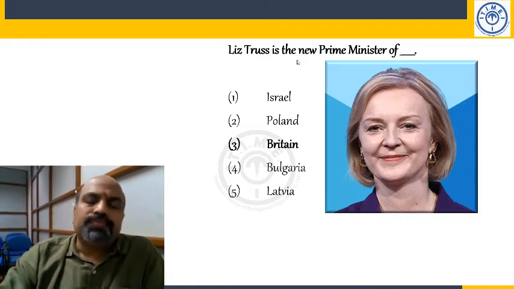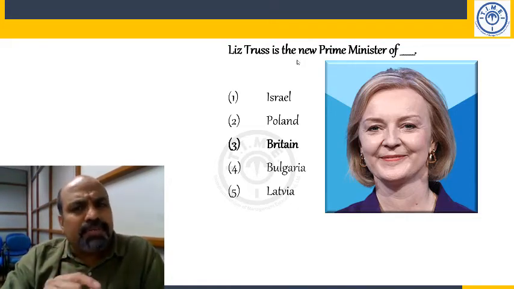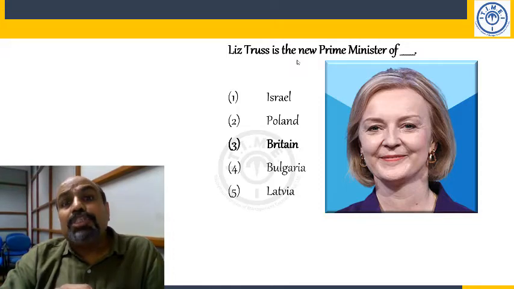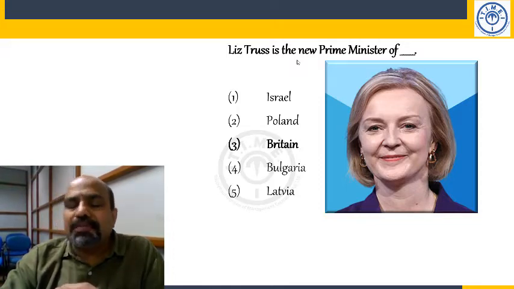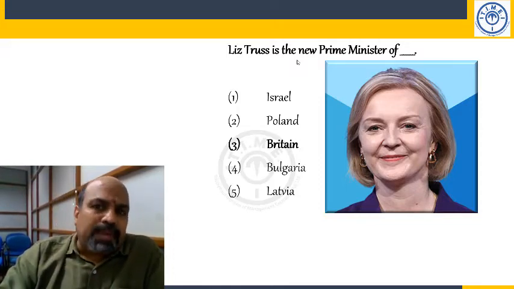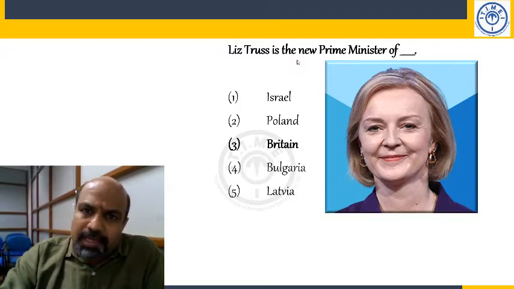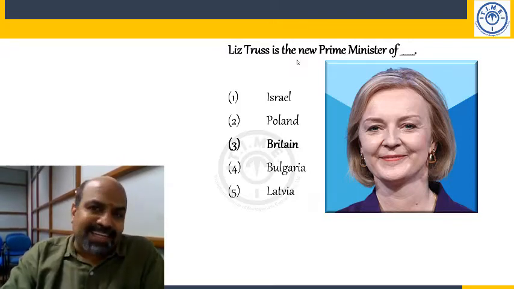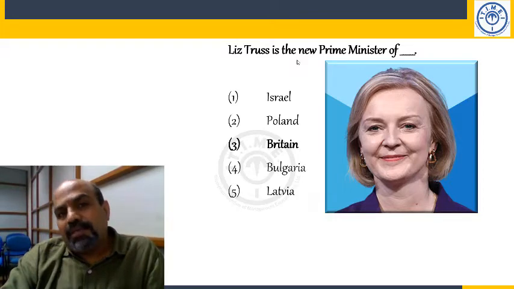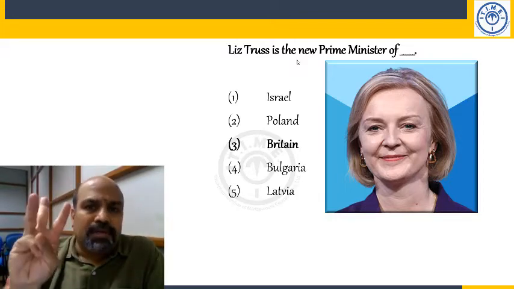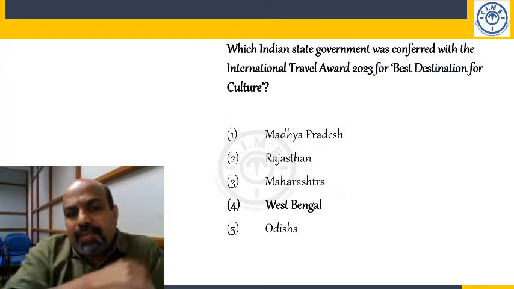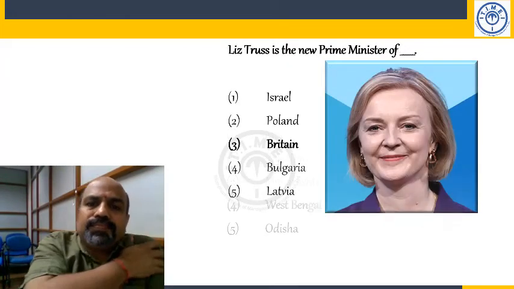And who was the first Prime Minister under Queen Elizabeth II? Winston Churchill. She's the last Prime Minister under Queen Elizabeth II, and the first Prime Minister under King Charles III.